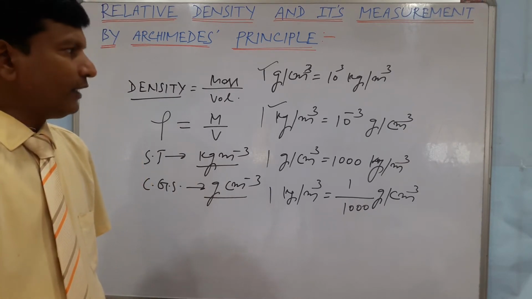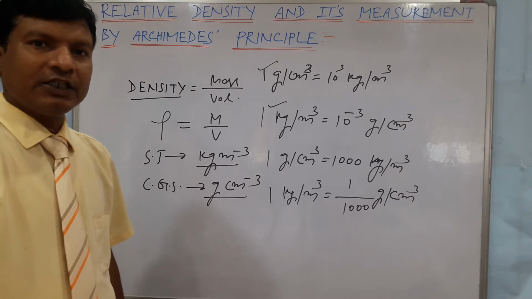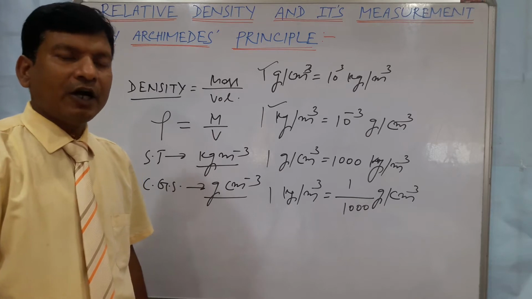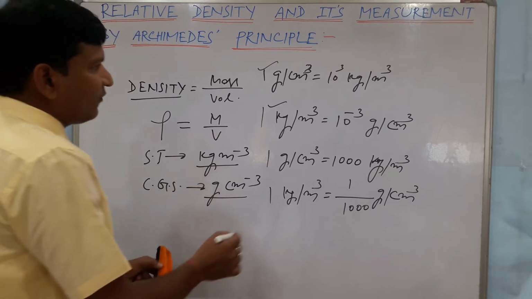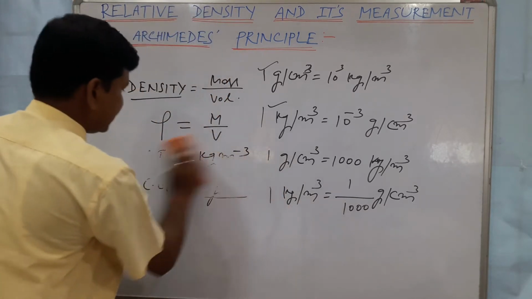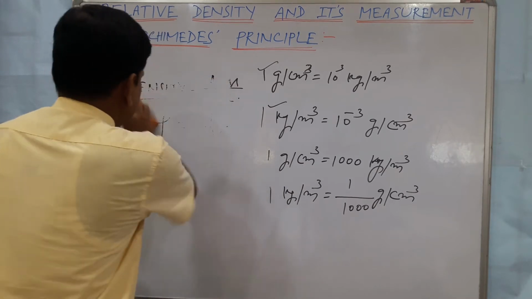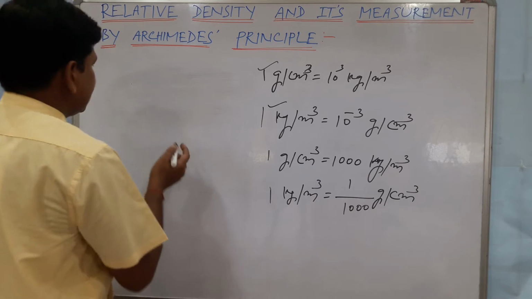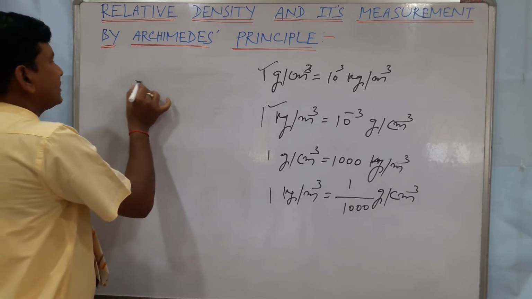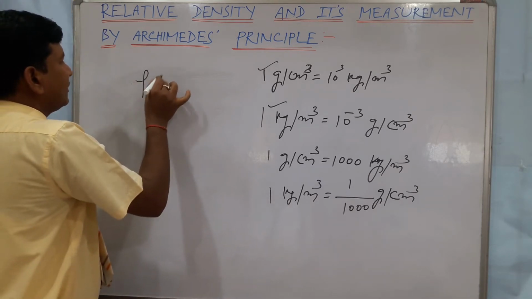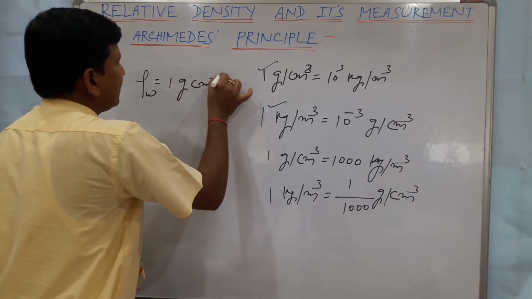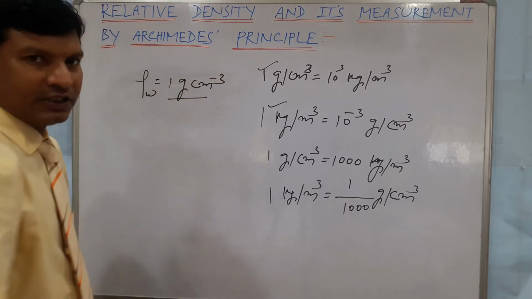And you have known that the density of water at 4 degrees Celsius is the maximum. How much is it? Can you say how much? The density of water at 4 degrees Celsius is 1 gram per centimeter cube, that is in the CGS unit.